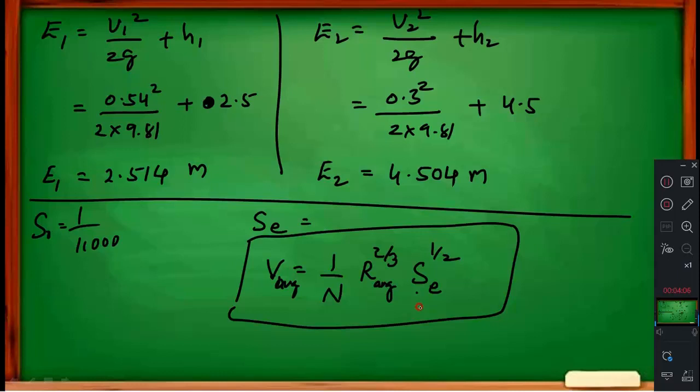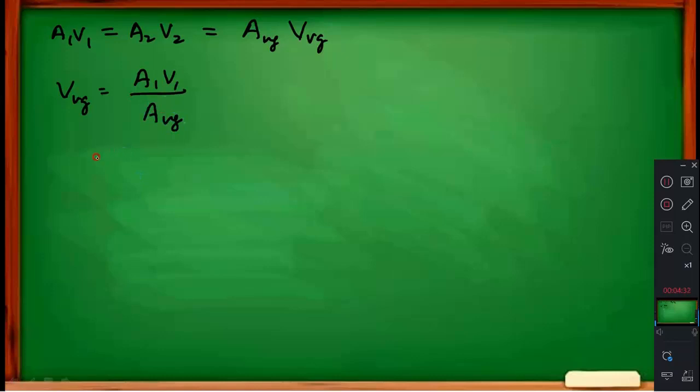Okay, now we will first calculate V average. We should know A1 V1 equal to A2 V2 equal to A average into V average. By this equation we will calculate V average. V average equal to A1 V1 divided by A average. A1 is 40 into 2.5, and V1 is 0.54, divided by 40 into H average.